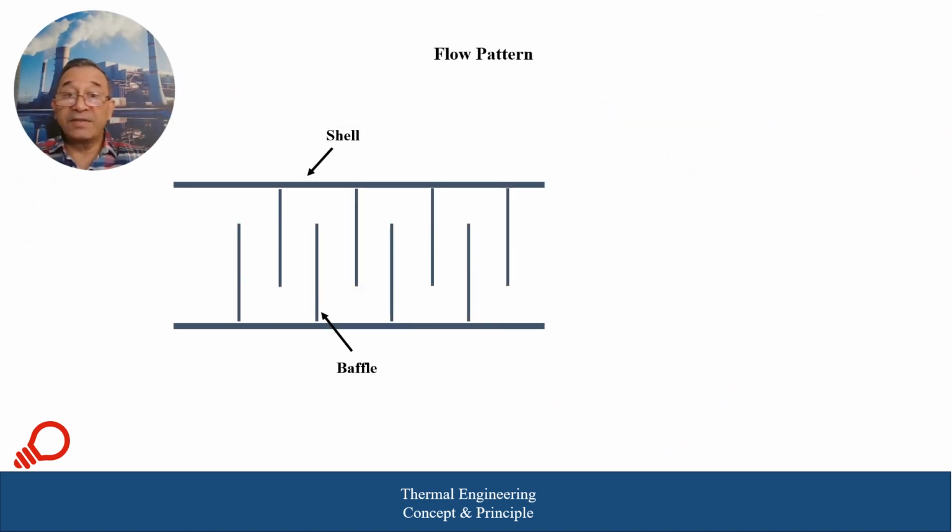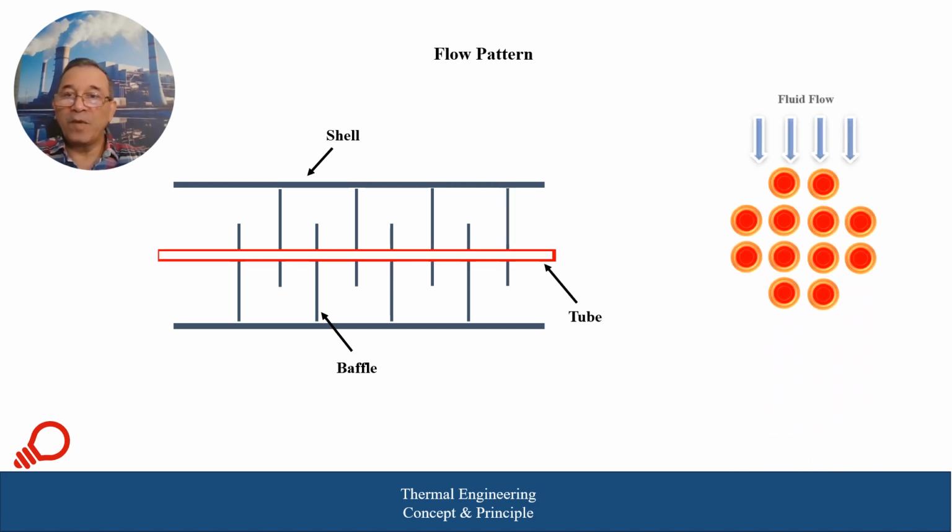Now, let us describe the flow pattern on the shell side. If we consider a tube bundle composed of 12 tubes with external flow outside these tubes, and let us take one of these tubes in a shell, just for illustration, to see how the flow pattern on the shell side and tube side will be.